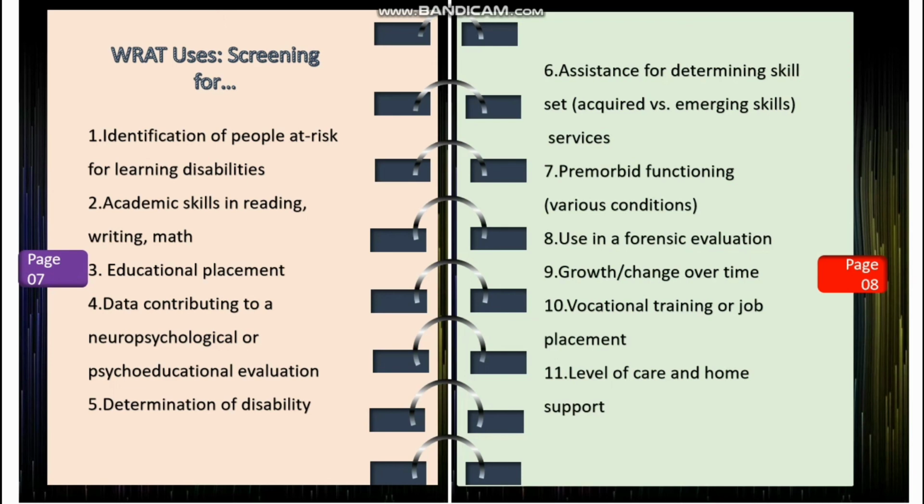Sixth, assistance in determining acquired versus emerging skills. Seventh, for morbid functioning, which varies with the conditions. Eighth, use in forensic evaluation. Ninth, growth or change over time. Tenth, vocational training or job placement. And eleventh, level of care and home support.